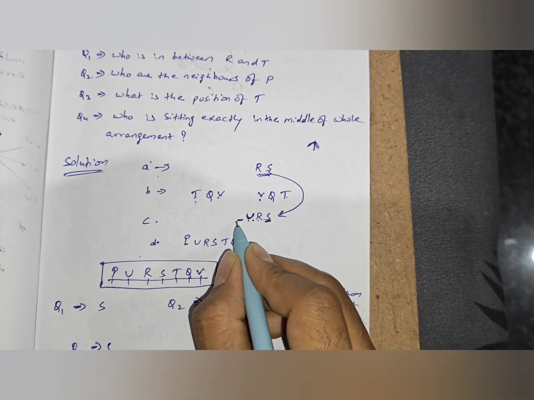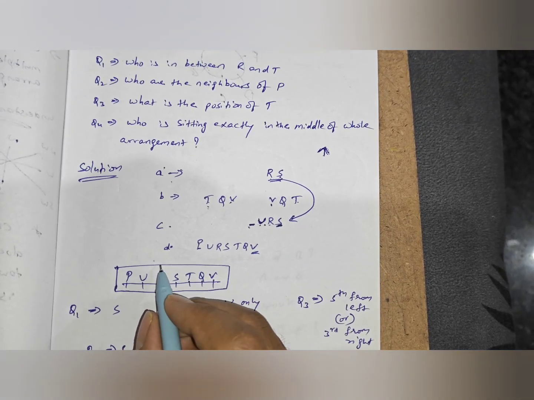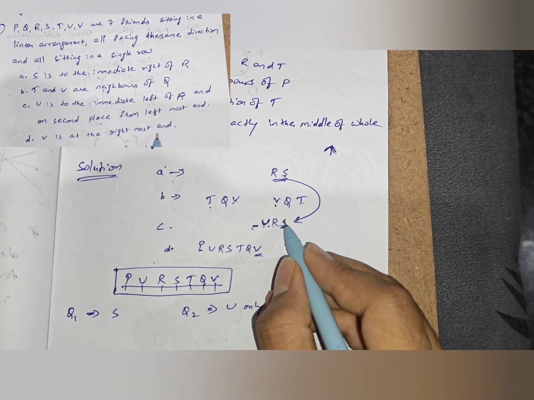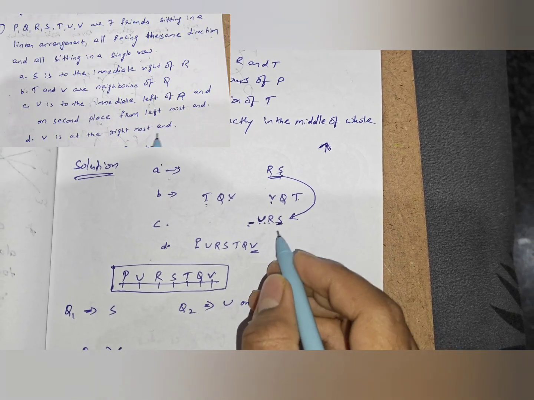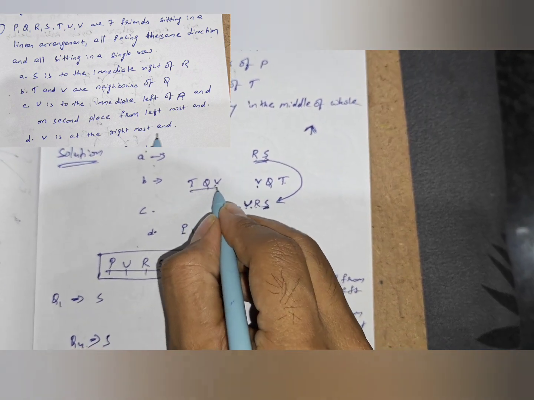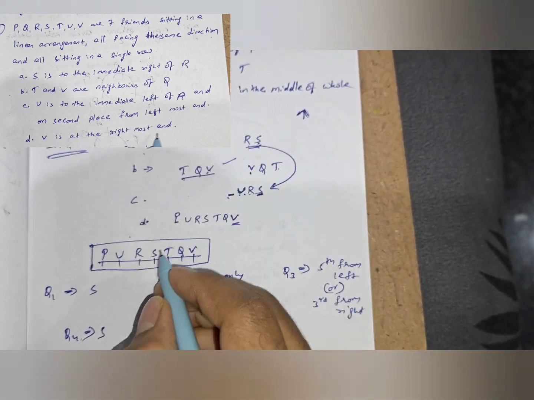This is the leftmost end in a linear row. And using statement D, V is at the rightmost end. So here this cannot be the rightmost end, and this is V at the rightmost end. So this is the possible solution for these three.